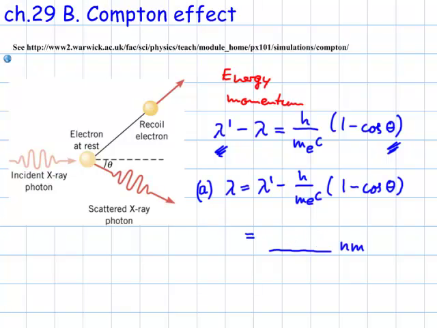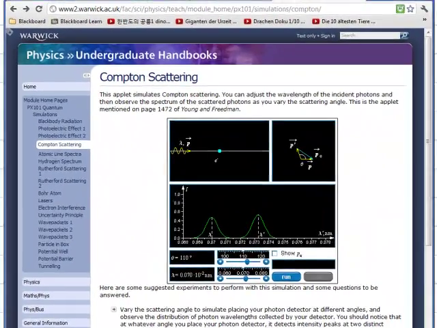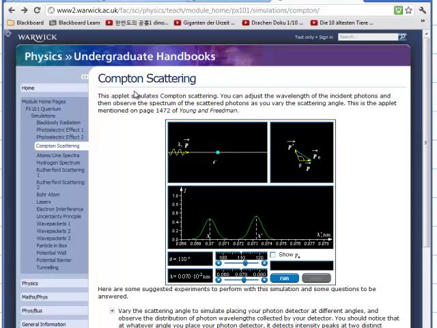Just to give you an idea how much that is going to be, I'm going to go to this link here. I go to an applet that I found at the University of Warwick in Coventry, England. For example, I'm going to run this one here, and then you can see the photon being scattered, and then here goes the electron, and then I reset, and you can see what happens if I change the angle.